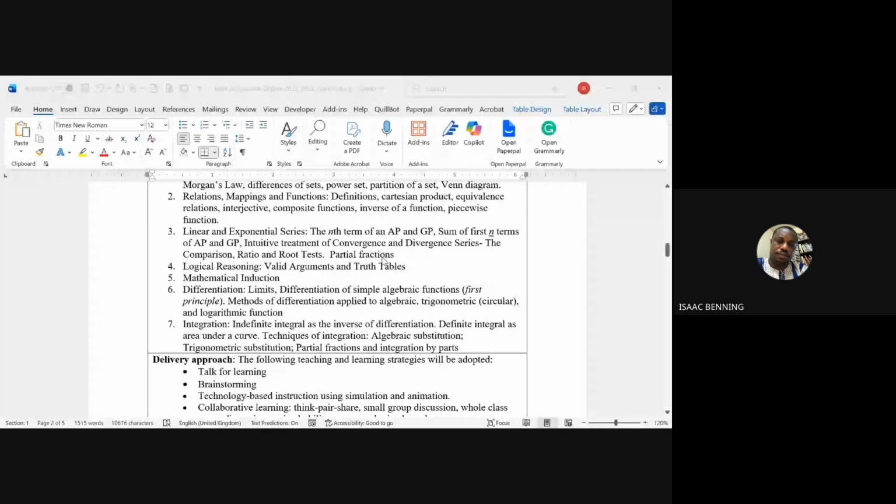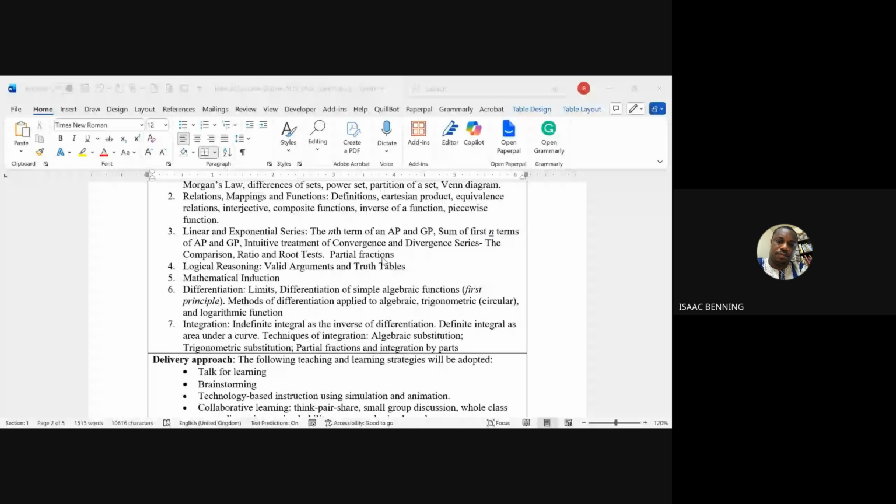Then our last unit will be integration. And under that, we look at definite integral, indefinite integral, area under curves, techniques of integration. And under the techniques of integration, we will focus on substitution, that's algebraic substitution, trigonometric substitution, partial fraction, and also integration by parts.